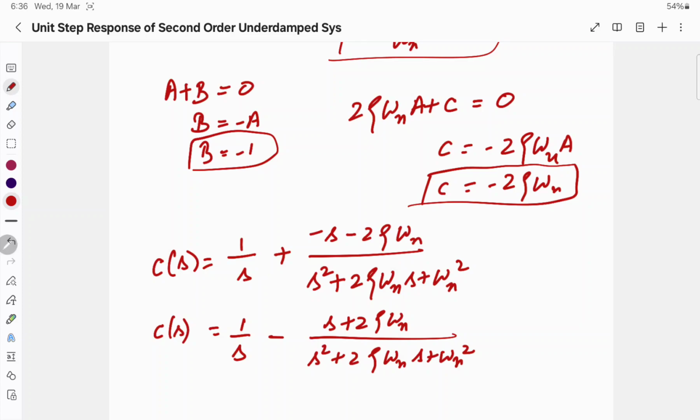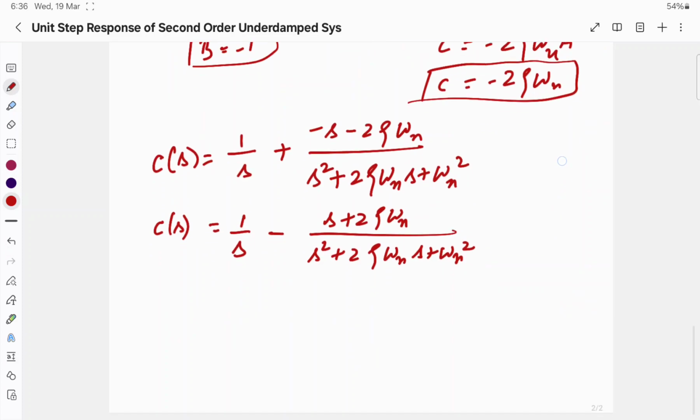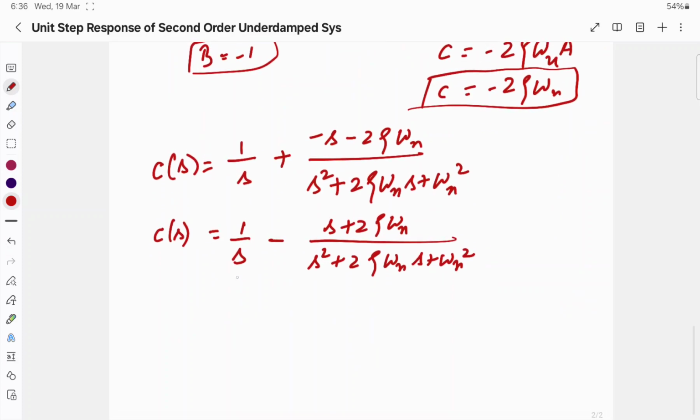We need to take the inverse Laplace transform, we will get c of t, but it's not straightforward because for 1 by s it is u of t, but for this term we have to work. Okay, so you should be knowing these two inverse Laplace transform relationships.